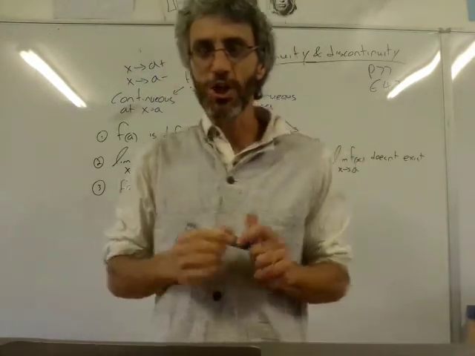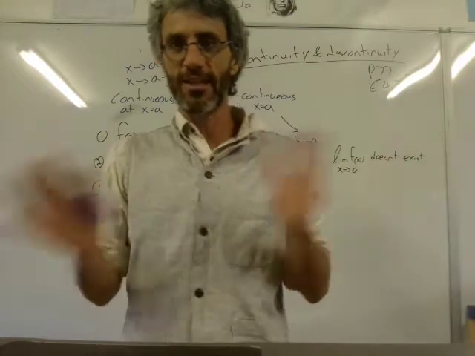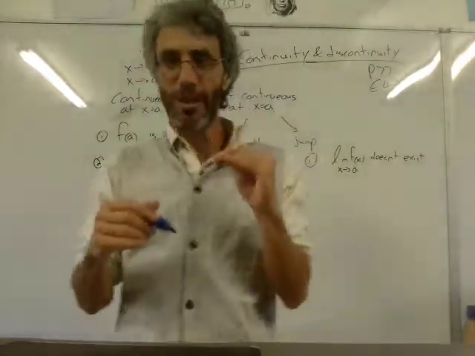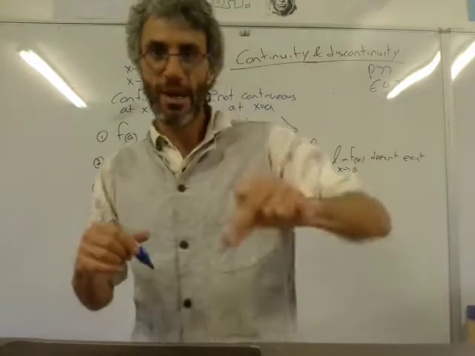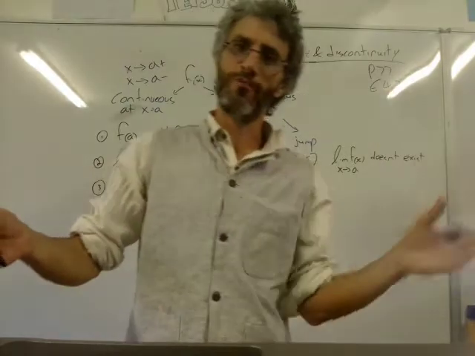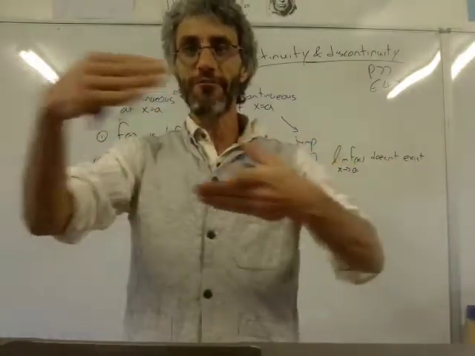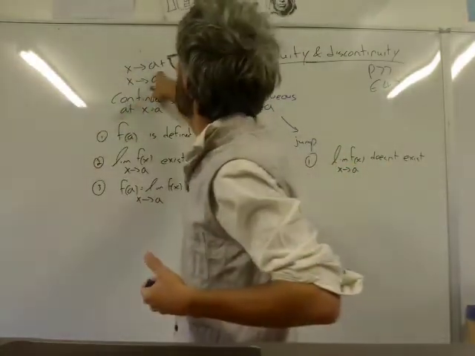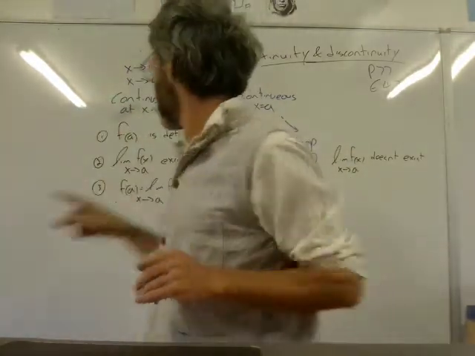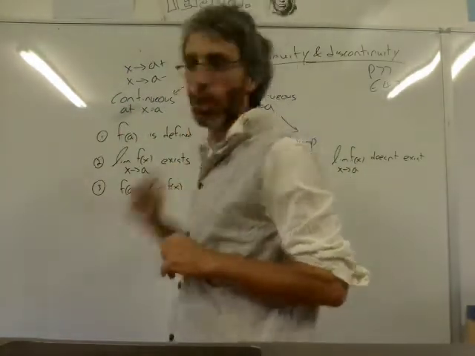And for some functions, you will get different answers. For example, if you have a split function, split at a, with one function above a and one below, then you'll have different limits. The limit as x approaches a from the right or from the left are not necessarily the same. In that case, it's not continuous.